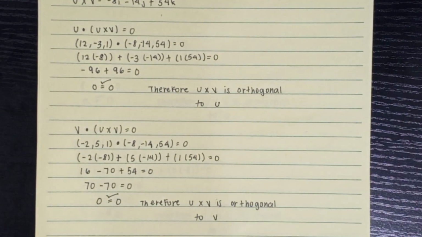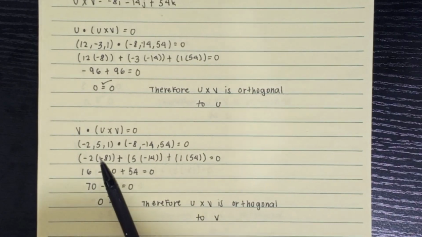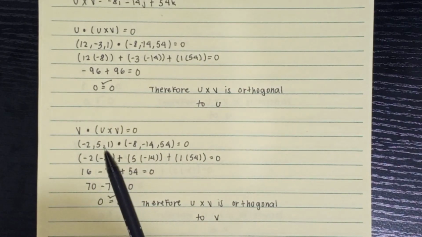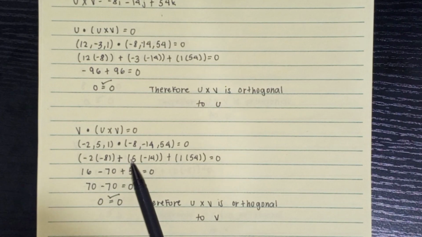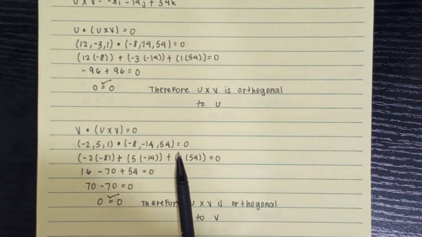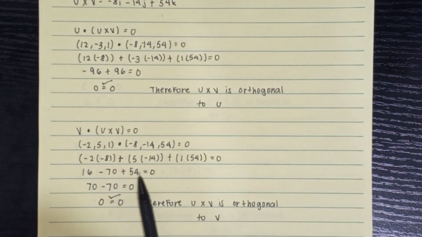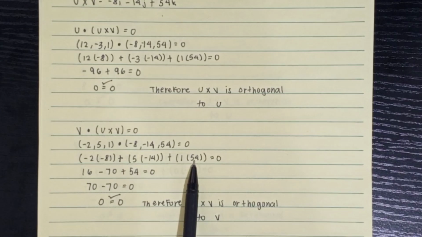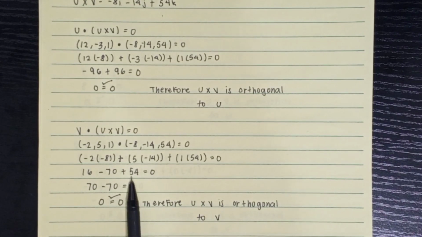And then evaluate. Negative 2 times negative 8 is equals to 16, plus 5 times negative 14 is equals to negative 70, plus 1 times 54 is equals to 54 and equals to 0.